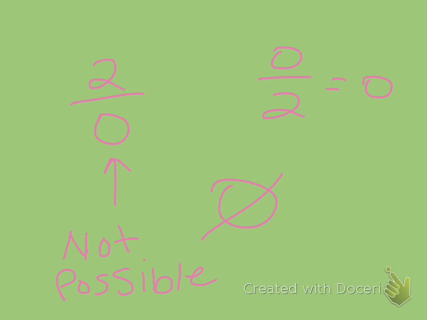So if we had a rational expression with letters, 2 over x, I could plug values in for this x, but the only one I cannot plug in is 0. So x cannot be 0, and this is our excluded value. Anytime it makes the denominator 0, we can't have it.